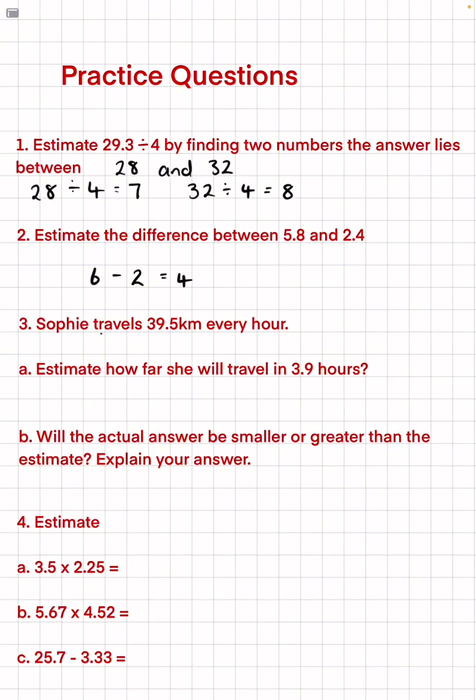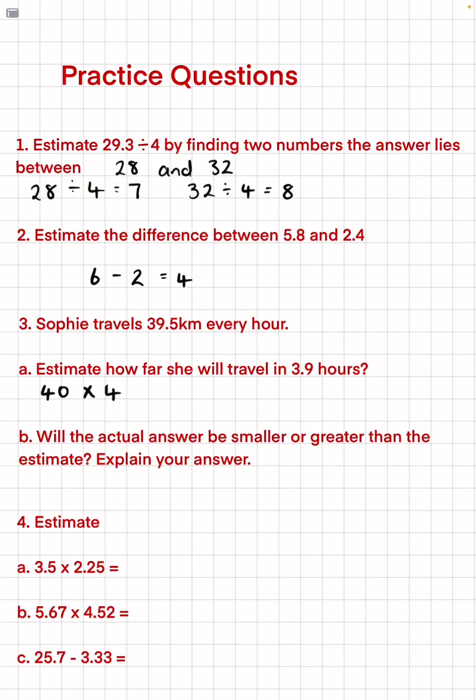Question 3 says Sophie travels 39.5 kilometers every hour. Estimate how far she will travel in 3.9 hours. We can round these to whole numbers. This would be 40. And we can round this number up to 4.